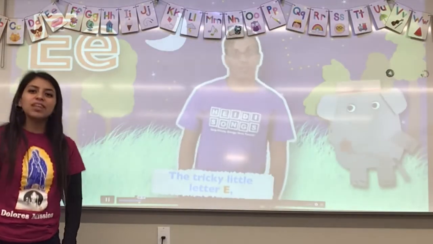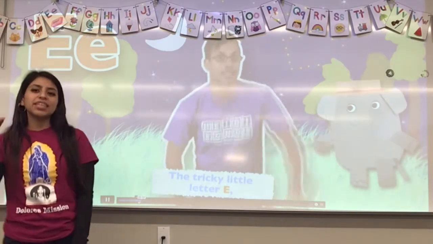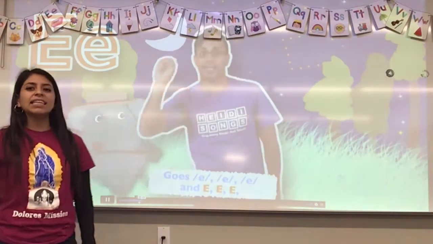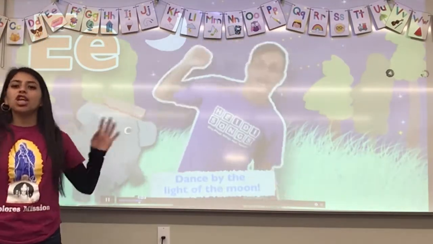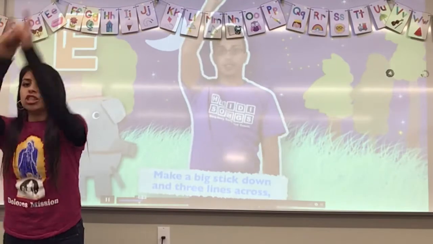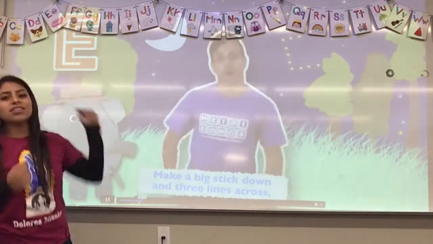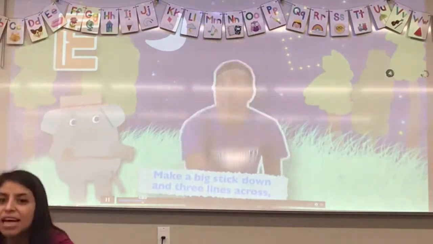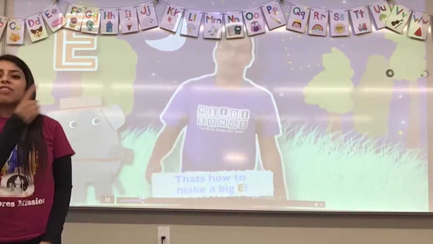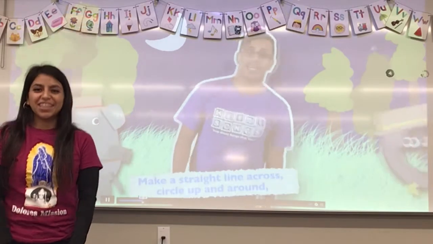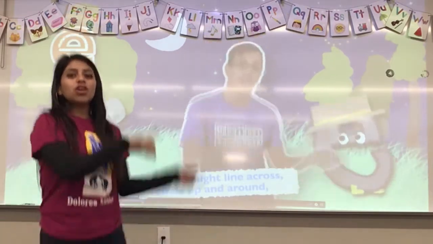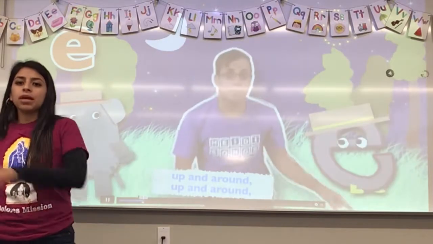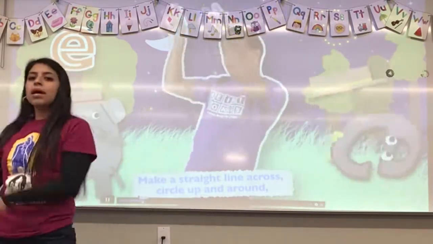Tricky little letter E, letter E, letter E goes F, F, F, and E, E, E. Dance by the light of the moon. Make a big stick down and 3 lines across. That's how to make a big E. Make a straight line across, circle up and around.